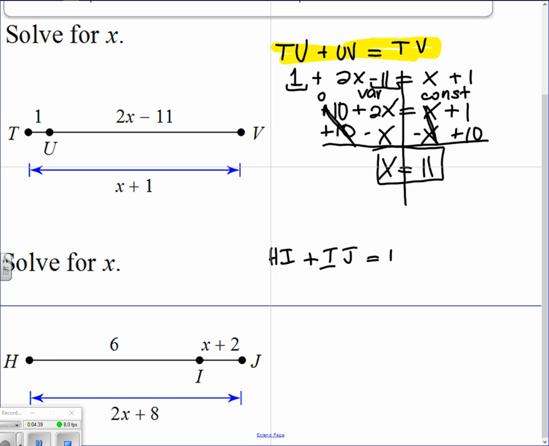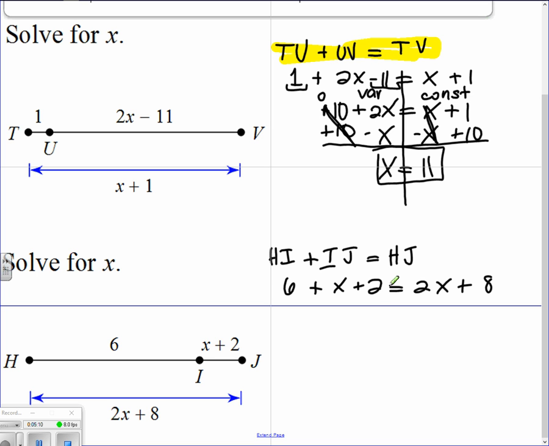The whole thing is HJ. Now plugging in, what is the length of HI? HI is 6. What is the length of IJ? x plus 2. And that will be equal to the whole thing. The length of the whole thing is 2x plus 8.